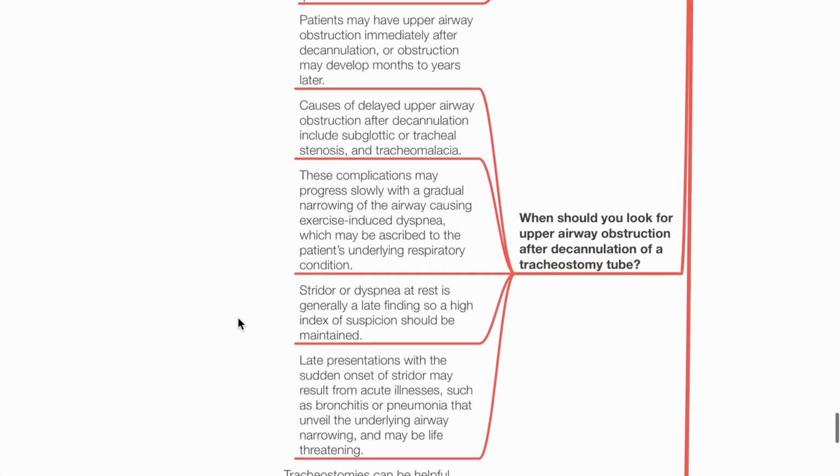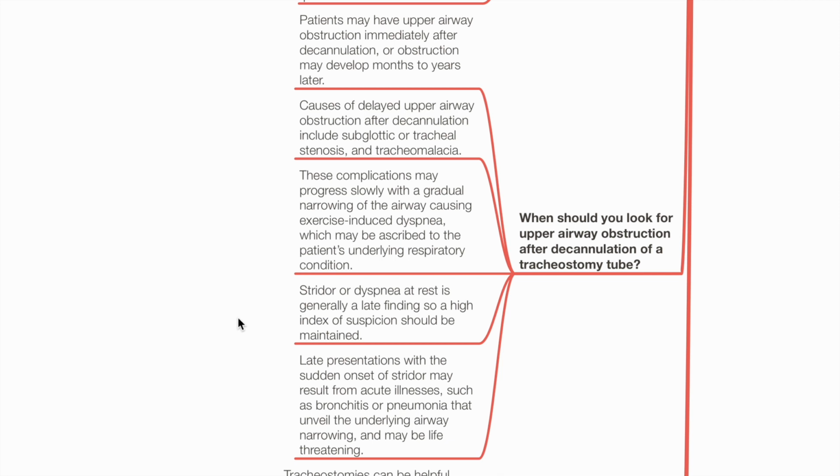When should you look for upper airway obstruction after decannulation of a tracheostomy tube? Patients may have upper airway obstruction immediately after decannulation, or obstruction may develop months to years later. Causes of delayed airway obstruction after decannulation include subglottic or tracheostenosis and tracheomalacia.